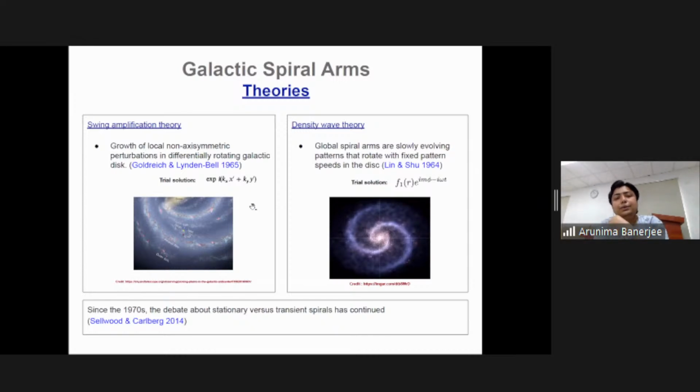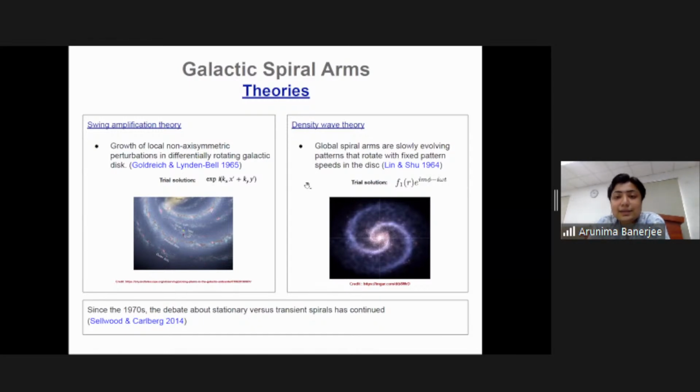So the theoretical understanding is, these are local non-axisymmetric perturbations in a differentially rotating galactic disk, which are sheared by the differential rotation of the galactic disk to give you a spiral-like appearance.